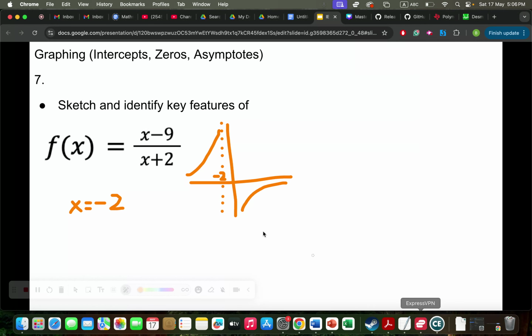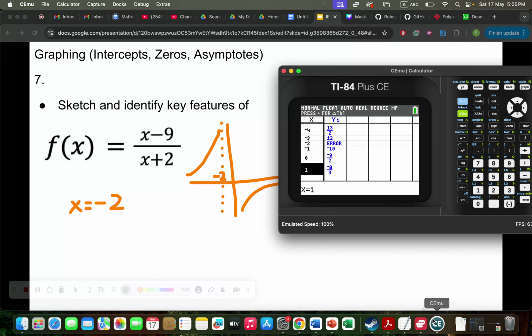Now to find the horizontal asymptote, which is basically the horizontal line, we want to find out which y value is giving me a disconnection. So I need to scroll down and see what my y value is. That gives me another problem here.